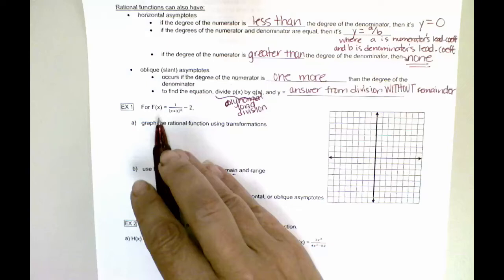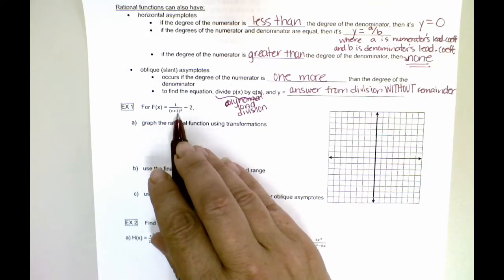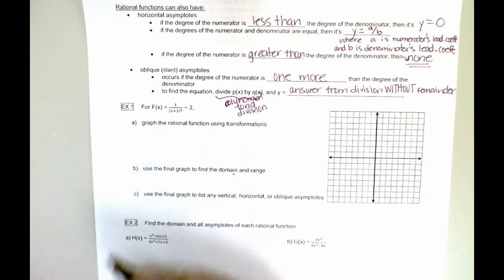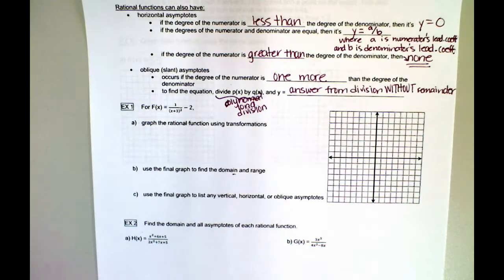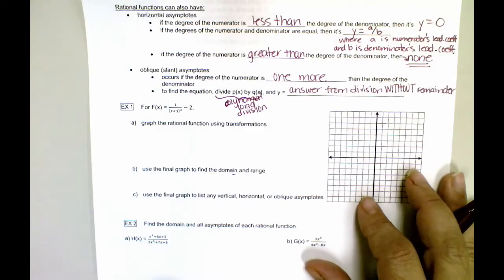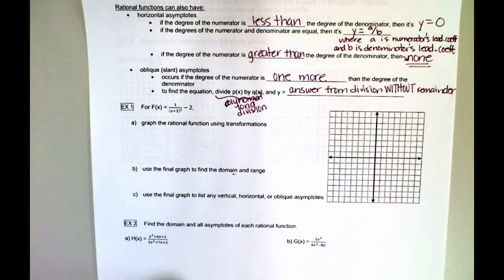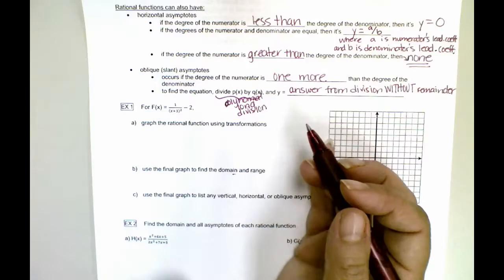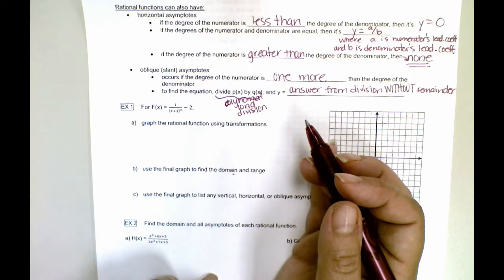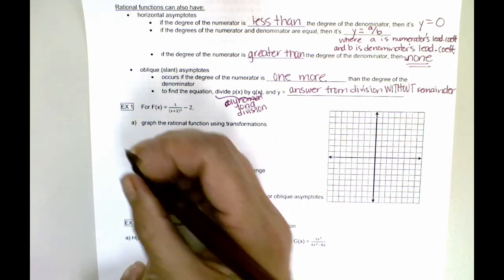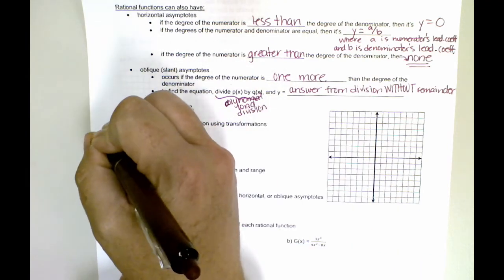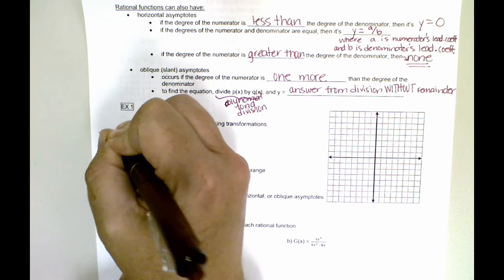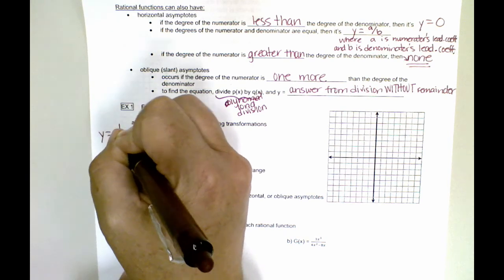It says for f of x equals 1 over x plus 3 squared minus 2, graph the rational function using transformations. So our parent graph for this, or the power function, if you will, is y equals 1 over x squared.